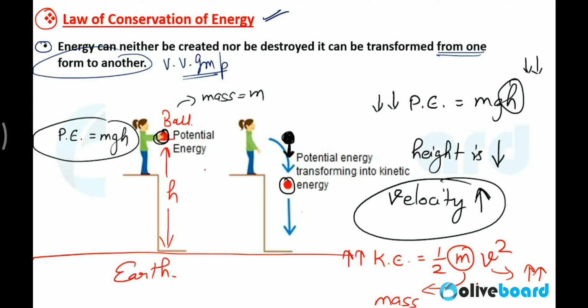This example explains the law of conservation of energy, that we are changing potential energy into kinetic energy. Energy is not destroyed here, it has just changed from potential energy to kinetic energy. As the potential energy decreases, the kinetic energy automatically increases.